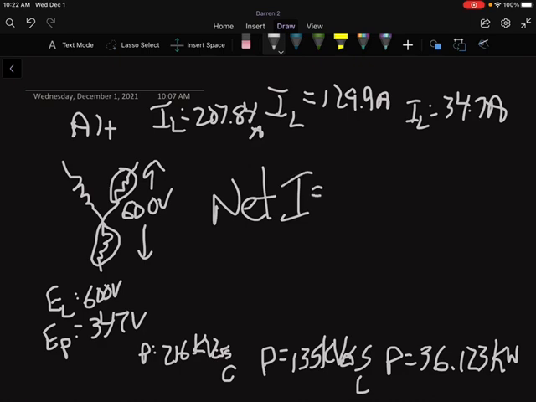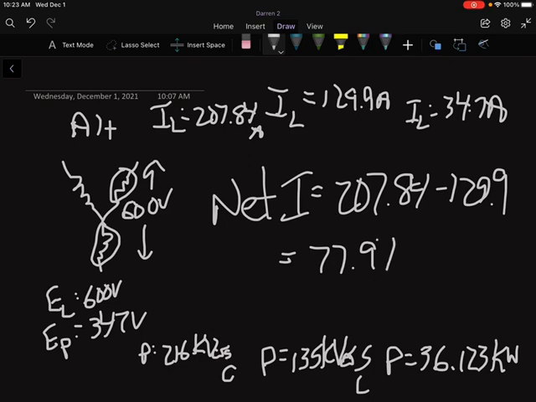Our net current is going to be our capacitive current, 207.84, and because it's more capacitive than it is inductive, take away 129.9, and our net current is going to be 77.94 amps.